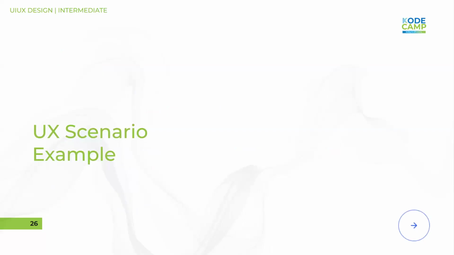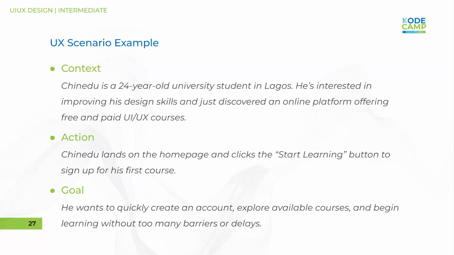Let's look at a UX scenario example. Let's say that Chinedu is a 24-year-old university student in Lagos. He is interested in improving his design skills, and he just discovered an online platform offering free and paid UI/UX courses. You can see this is the context here.